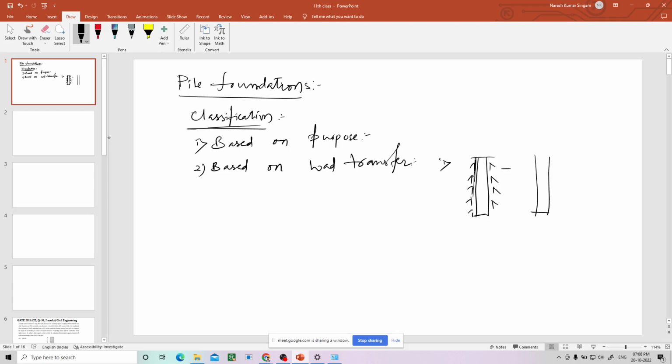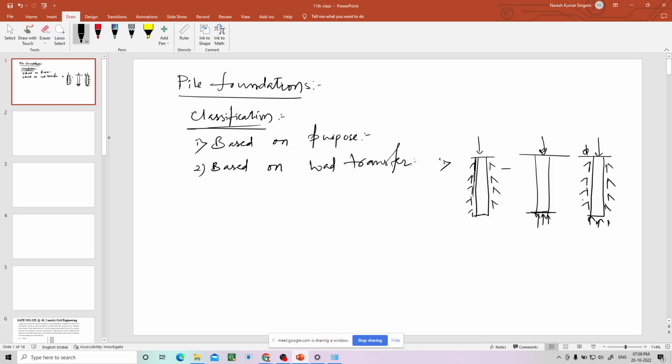If a pile is resisting these vertical downward loads due to the bearing area, then these are called end bearing piles, because the bearing will be at the end. And the other one is the pile which resists using both friction as well as bearing when there is a vertical load.